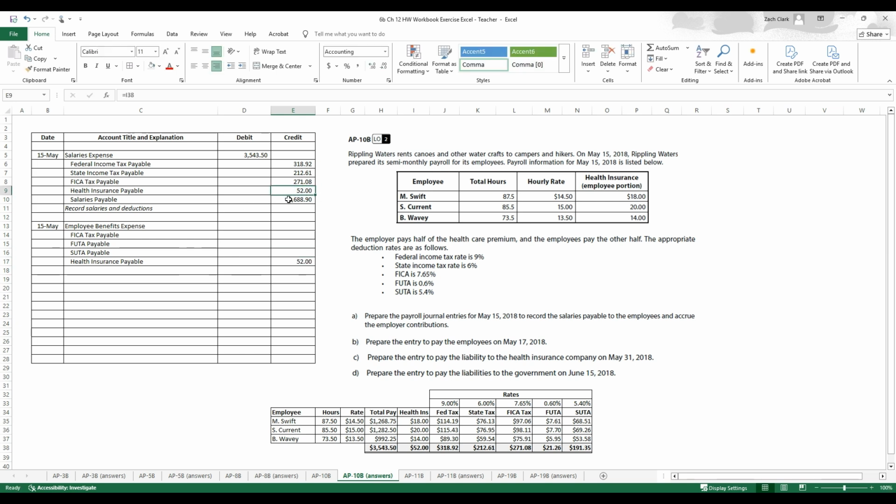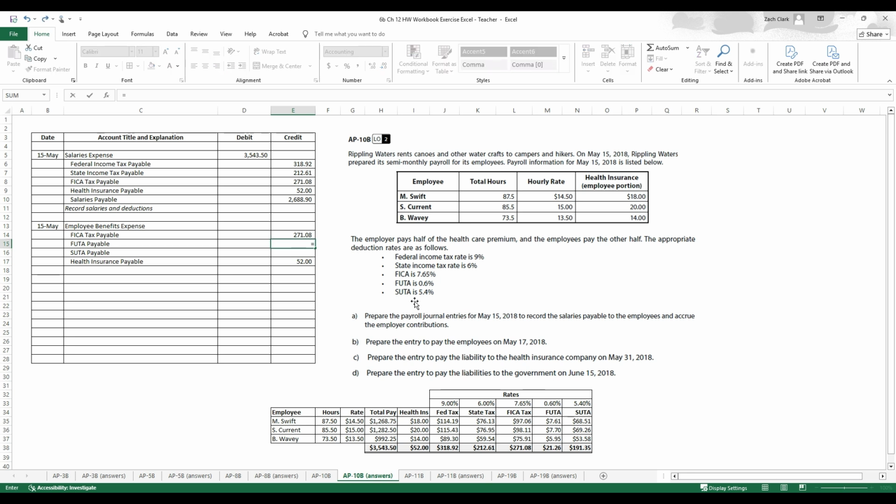The business and the employees are both paying the same amount for the FICA taxes. That's a real thing: businesses pay half and the employee pays half of FICA taxes. Health insurance just depends on how much the company pays. This one's not set half and half or anything. That's just what the problem told us.